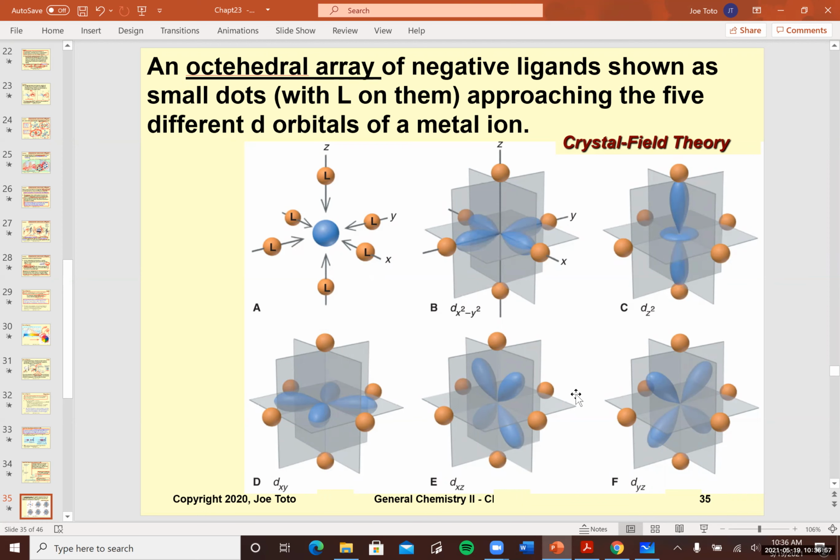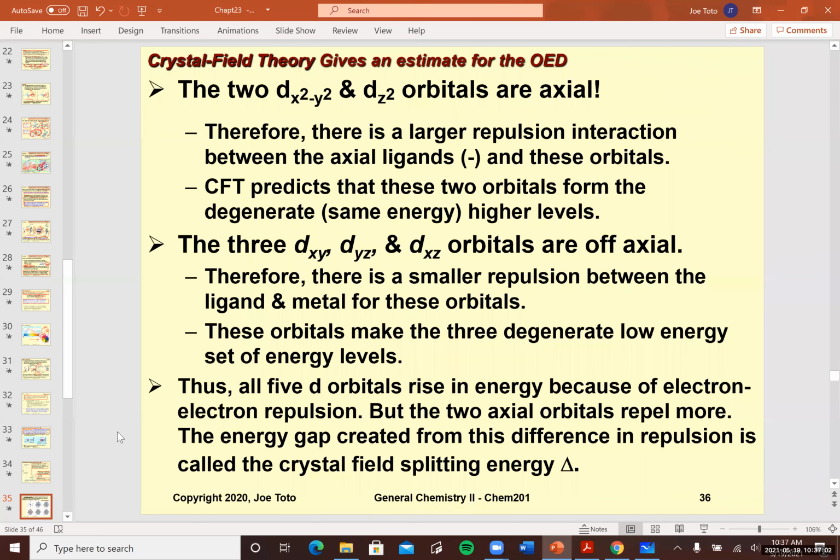And these ones will repel, but not as much. So that explains the separation, that gap energy.